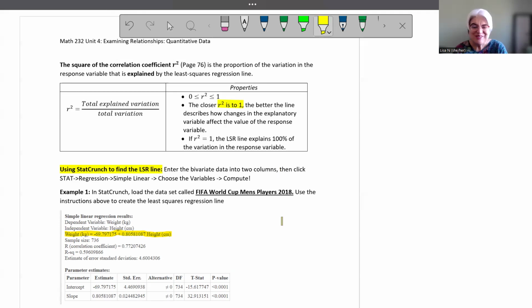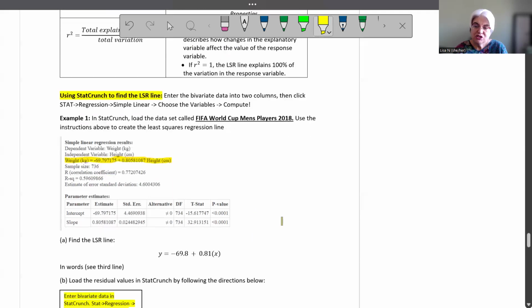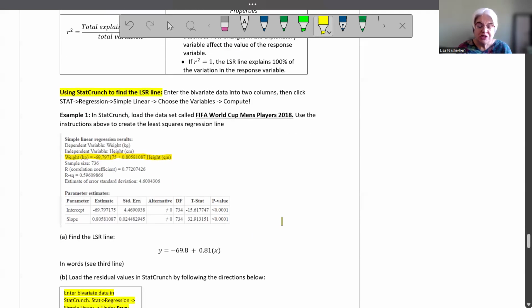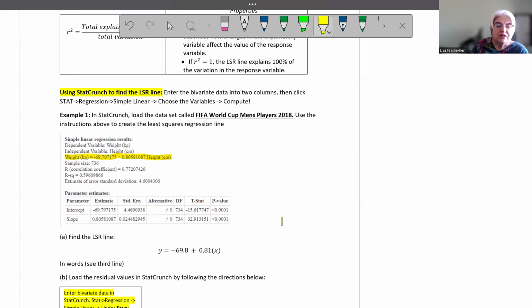So let's look at this example. I'm not going to go to StatCrunch, but I loaded all the screenshots. If you wanted to do this by yourself in StatCrunch, then you would open this data set. What I'm going to be comparing is the weight and the height of players.